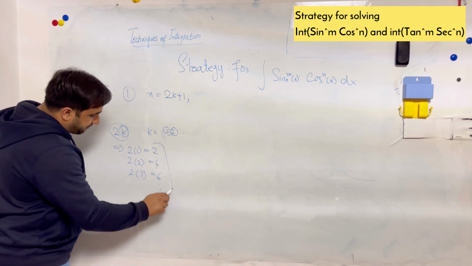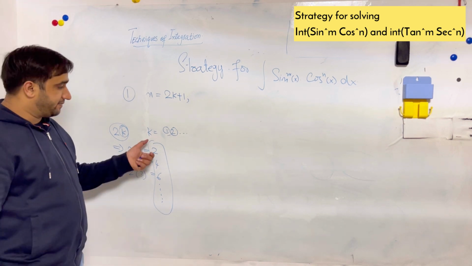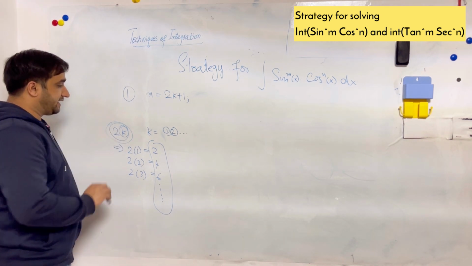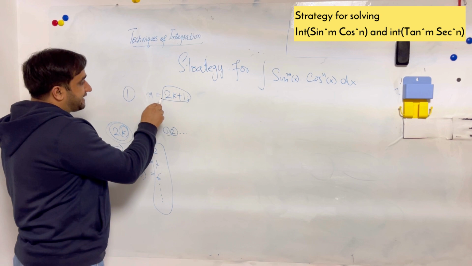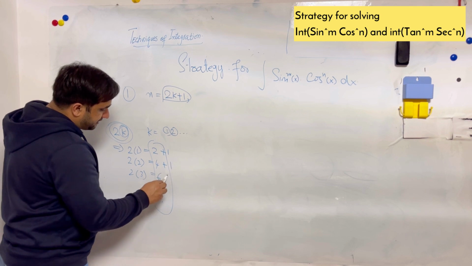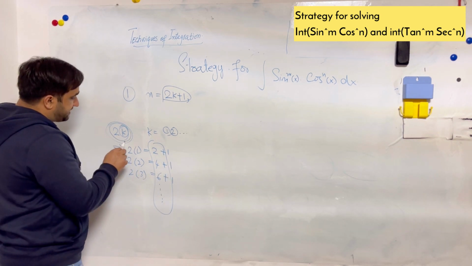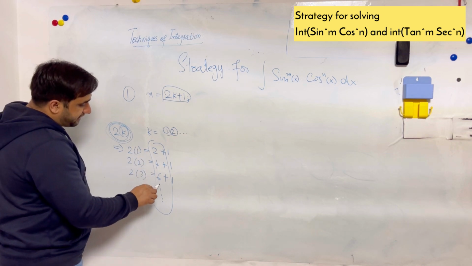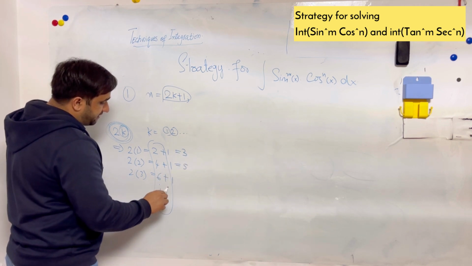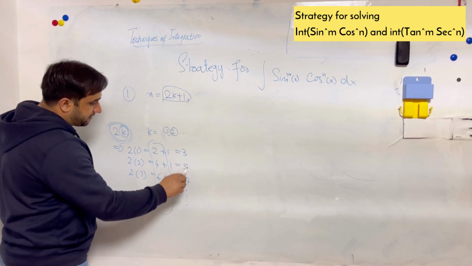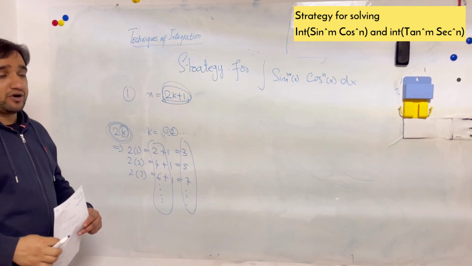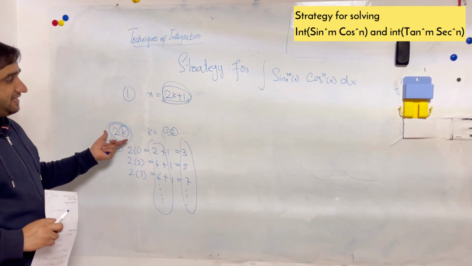So you will have even numbers. To represent an odd number, we can always add 1, and it becomes odd. Because 2k will always give you an even number, and when you add 1 to it, the first one becomes 3, this becomes 5, this becomes 7, and so on. So it becomes a list of all the odd numbers. So this represents an odd number and this represents an even number.